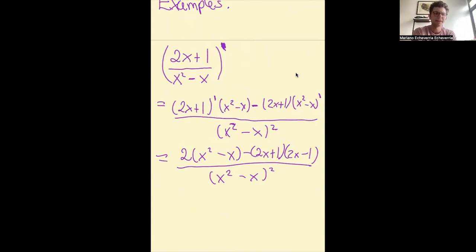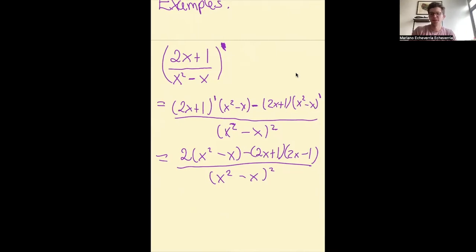Usually, for these problems, I wouldn't ask you to simplify it first, because then it's easier for me to grade it if you leave the answer like this. And you just end up losing a little bit of time simplifying. So unless I want you to do something else with this derivative, if it's just computing the derivative, you can leave it like that. You don't need to simplify it. If there were additional purposes for the derivative, then you might need to simplify it, but not usually for this type of problem.